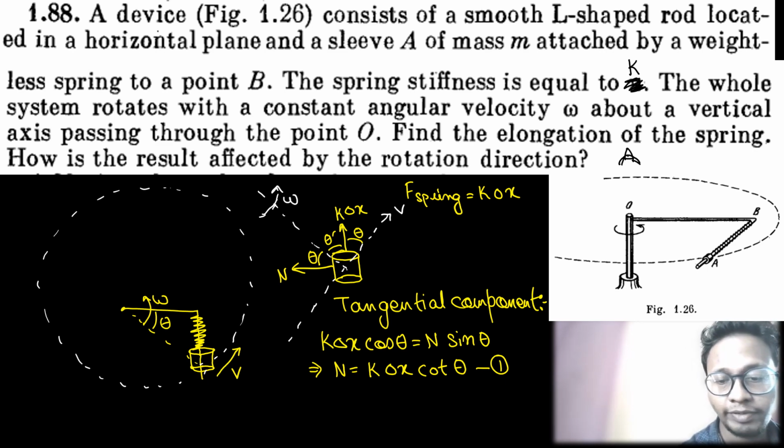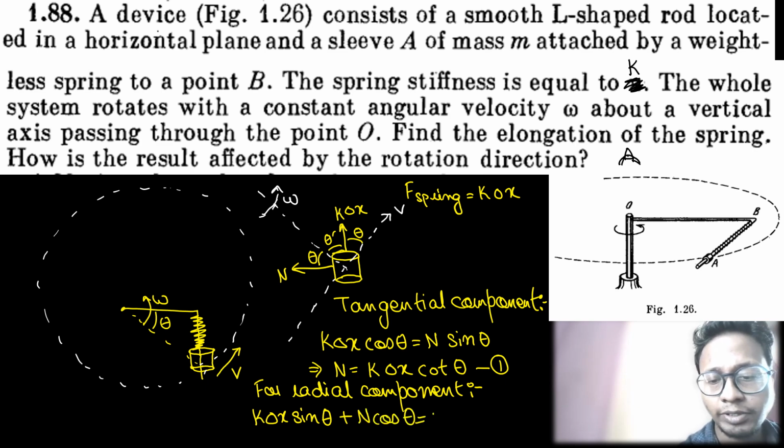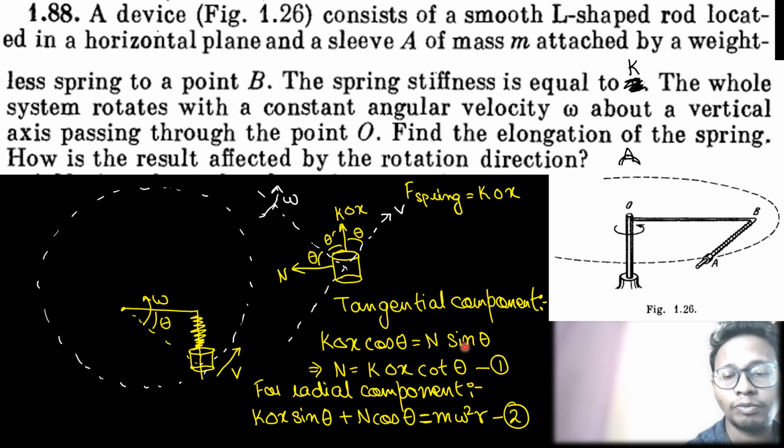So if I write down the equation for the radial or centripetal component, K delta X sine theta plus N cos theta is equal to M omega square R. This is our equation number 2. Our equation number 1 was this one, equation number 2 was this one.